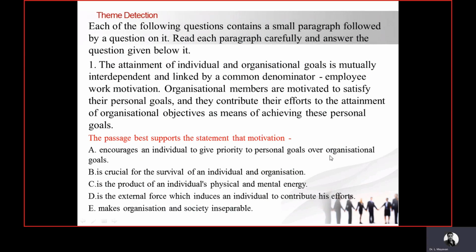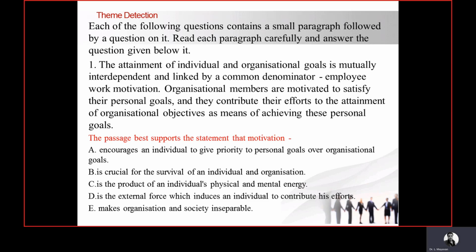And now look at the questions, detect the theme, and identify which option out of the given options is best suited. Each of the following questions contains a small paragraph followed by a question on it. Read each paragraph carefully and answer the question given below it. Now let us read the question. Motive: A, encourages an individual to give priority to personal goals over organizational goals.